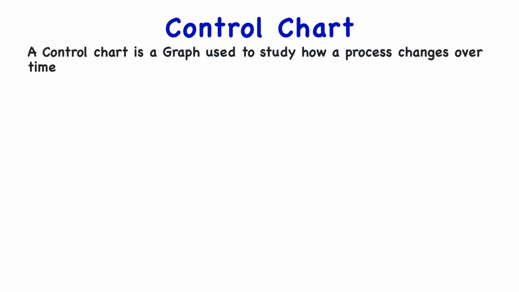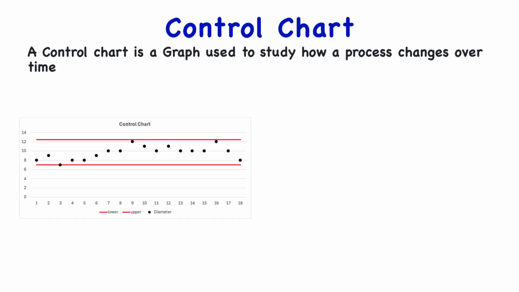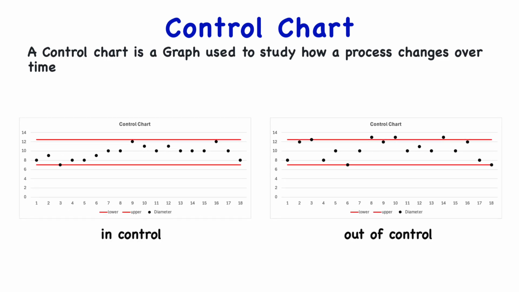The last tool is the control chart. A control chart is a graph used to study how a process changes over time. In this type of chart, we will compare current data to the process control limits and understand whether the process variation is consistent or in control, or unpredictable, out of control, or affected by special causes of variation.